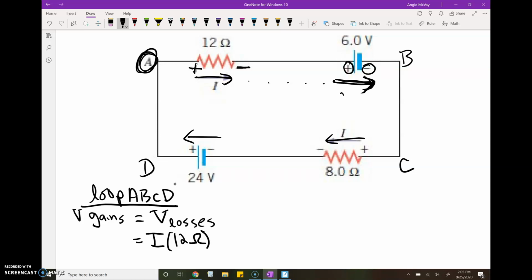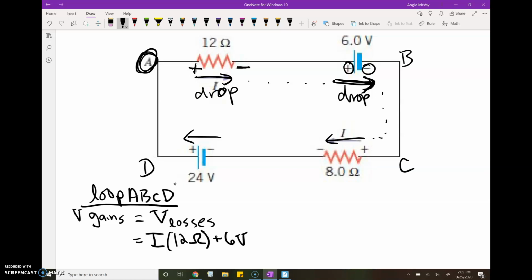So this is a drop, just like this. That's a drop. So we are going to put this on our side of potential losses. We've lost some potential due to our resistor. We're going to lose 6 volts of potential by going backwards through a little power supply.